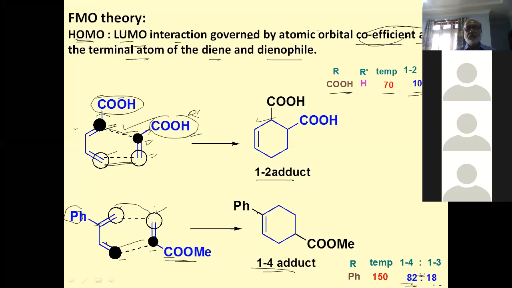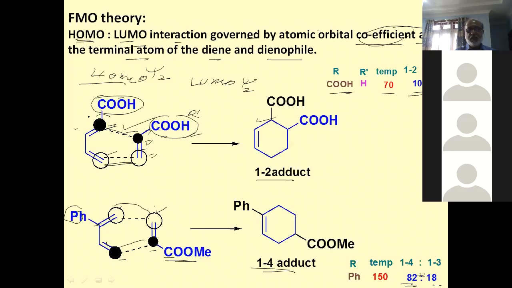From the 2 pi system, the LUMO is psi 2, and in the case of the 4 pi system, the HOMO is psi 2. The interaction is between the HOMO of the diene and the LUMO of the dienophile. The LUMO of the dienophile is psi 2 in the ground state, and the HOMO of the diene is also psi 2.